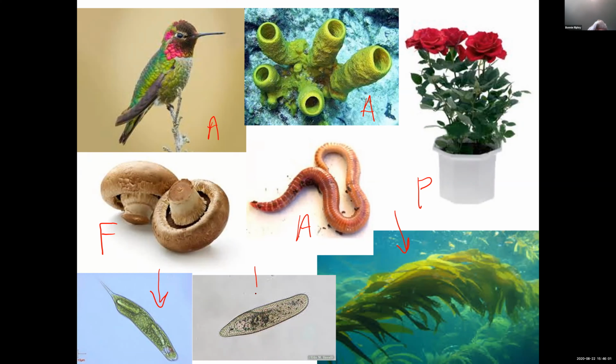Same thing with this one here, that's Paramecium. It's a single-celled eukaryotic organism that's not an animal, a plant, or a fungus. And our kelp over here, this guy, is a multi-celled eukaryotic organism that's not a plant, an animal, or a fungus. So we'll come back to those in our eukaryotes versus prokaryotes lab next week.